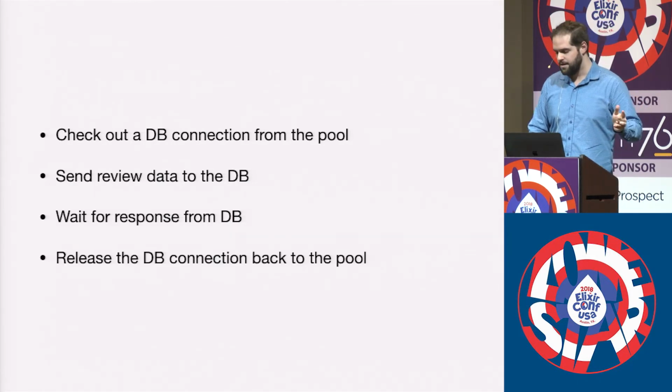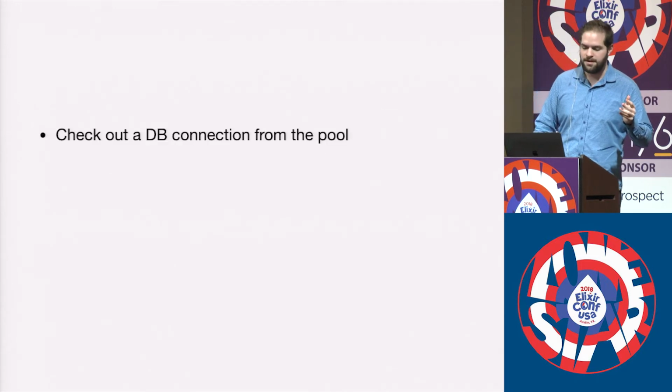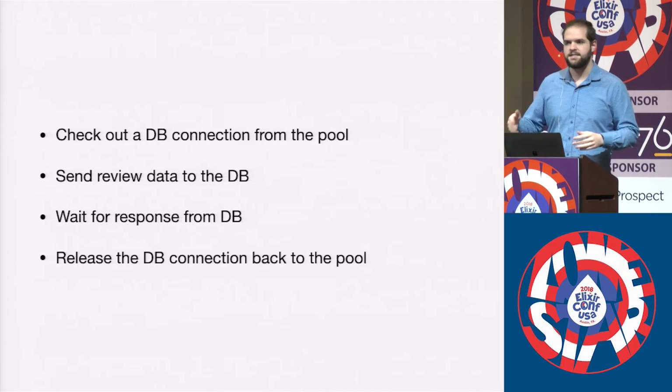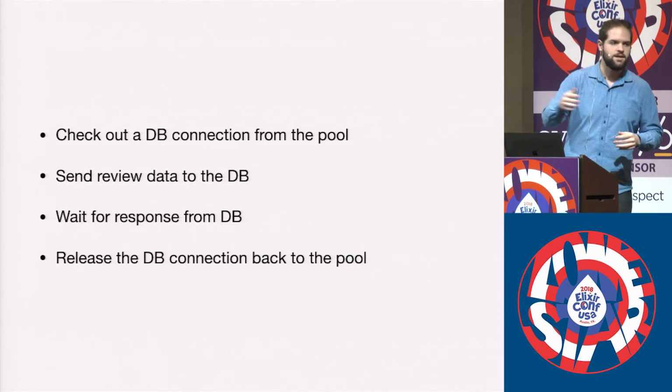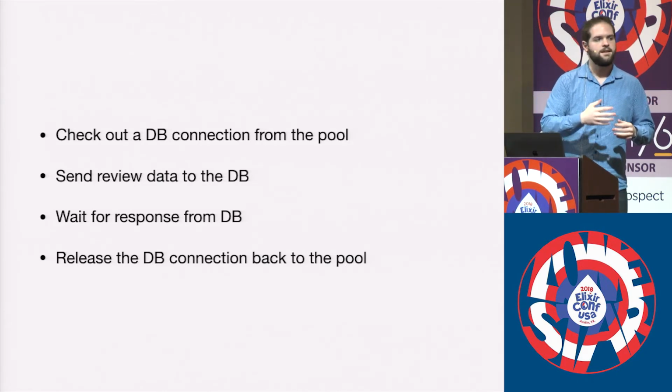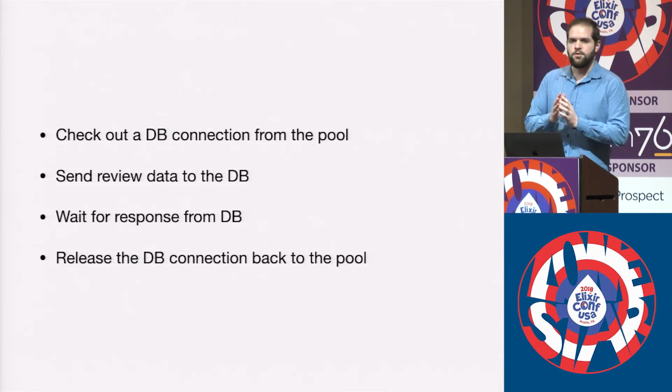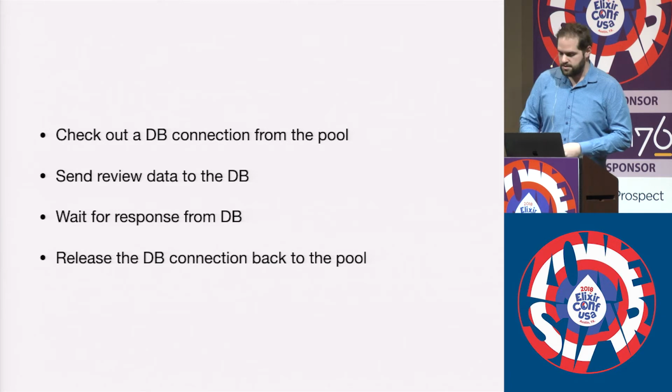Now this is great, but then we have to do it again for the next review, and again for the next. And so we have to keep checking out a connection, putting the data in, and then releasing that connection. We're doing this over and over, and so this really is not the most efficient way to handle this.